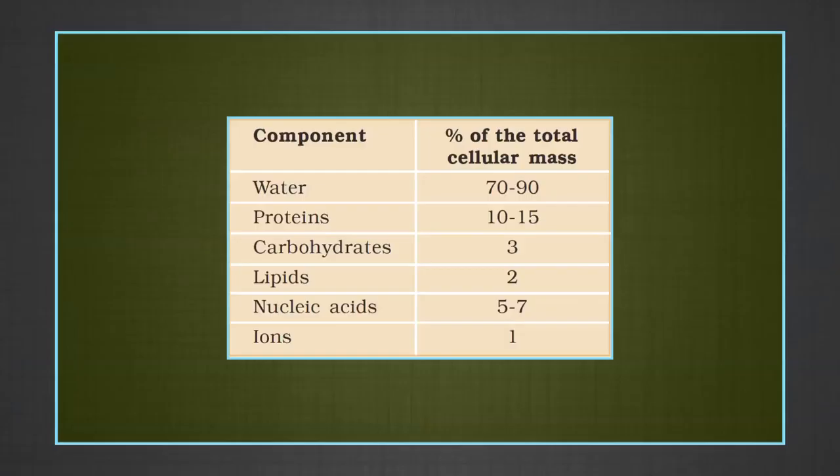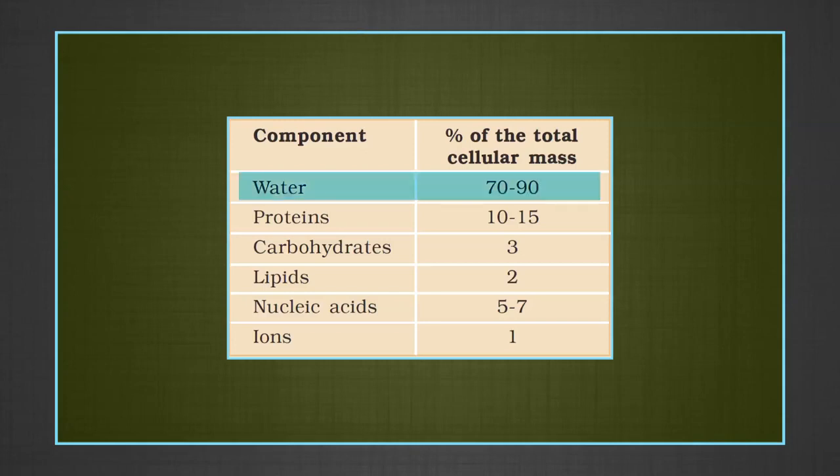So, to summarize, if we represent the chemical composition of living tissue from the abundance point of view and arrange them class wise, we observe that water is the most abundant chemical in the living organism. Here is a table showing you the average composition of cells.